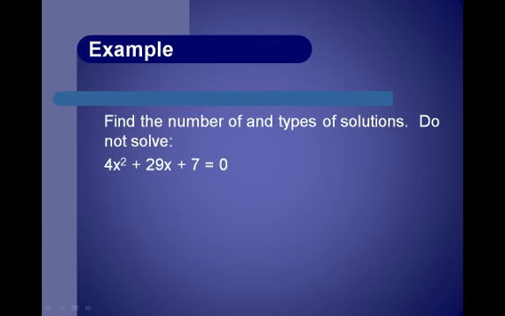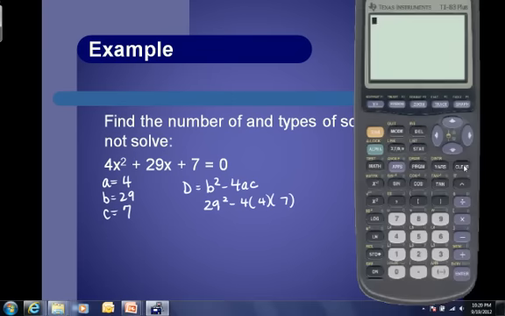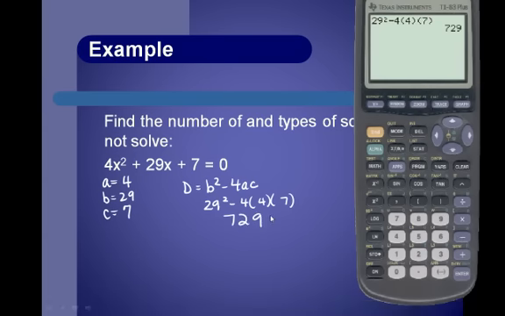Okay, one more of these. Find the number of and types of solutions. So for this problem, when we set it up into our discriminant formula, we've got b squared minus 4ac, which is 29 squared minus 4 times 7, which gives us 729.